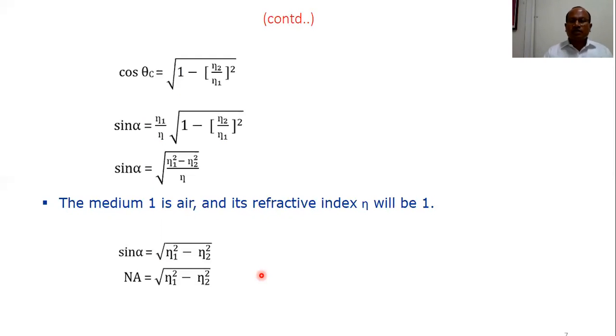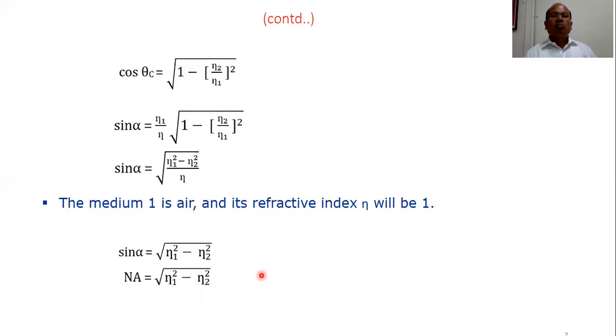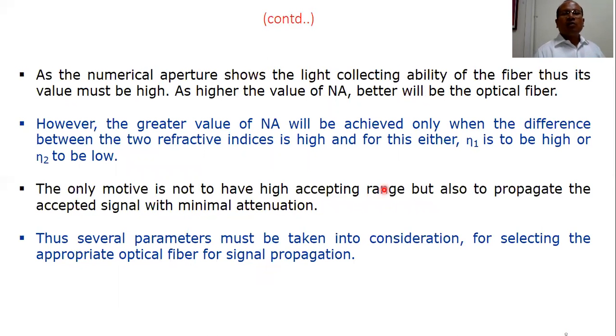So the larger the difference, the larger the numerical aperture. The larger the numerical aperture, the larger the acceptance angle. The larger the acceptance angle, the better the optical fiber. In other words, numerical aperture and acceptance angle are both parameters which indicate the light collecting capability of the fiber.